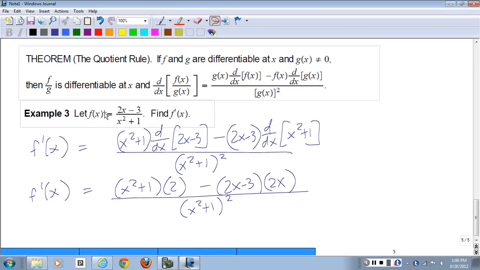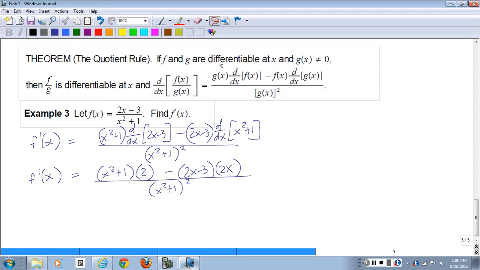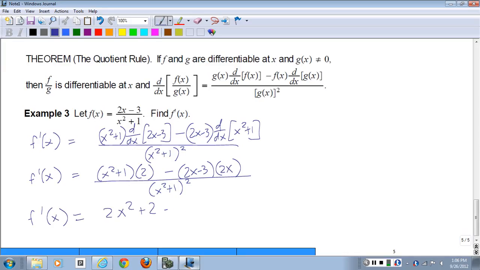Give myself a little bit more room down below and then off to the right hand side. f prime of x equals 2x squared plus 2 minus, a little tricky here, but we can handle this. It's minus whatever 2x times 2x is.